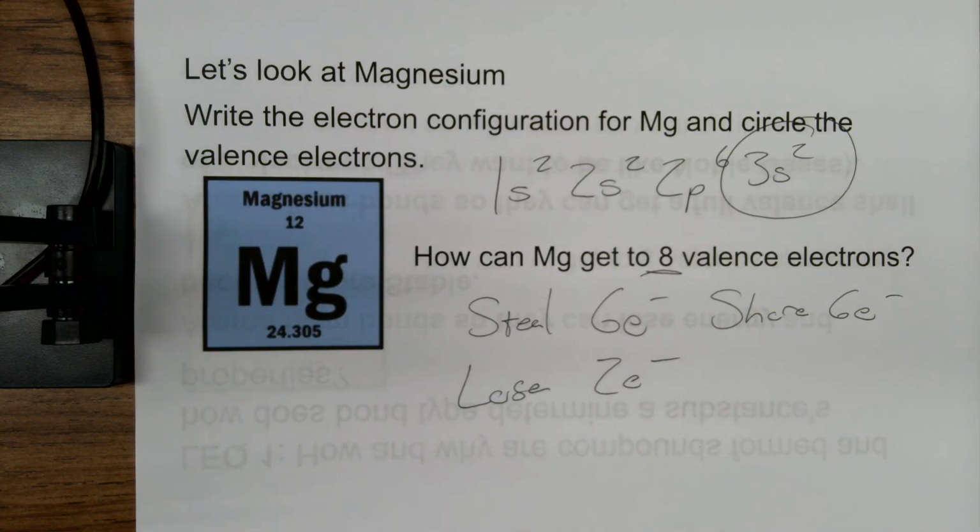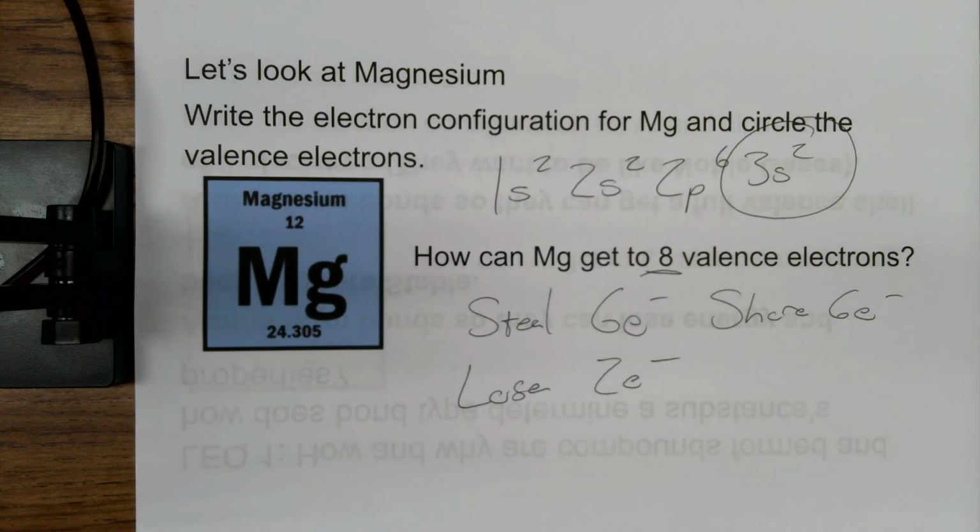To steal 6 electrons from something else, or to lose 2 of them? Lose 2. In a little bit, we're going to talk about a certain trend. When I look at metals, my metals are always going to lose their valence electrons to become more stable, and my non-metals are going to gain electrons to become more stable.